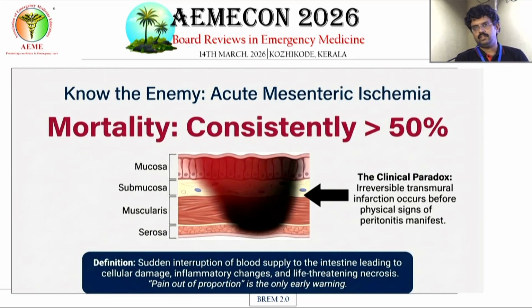And once the muscularis layer is involved, the patient will have peritonitis signs. Then we will think, okay, this is a surgical abdomen. But when you diagnose such a case at the time of peritonitis, it's already a delayed presentation, and the patient's mortality rate is around 90 to 95%.